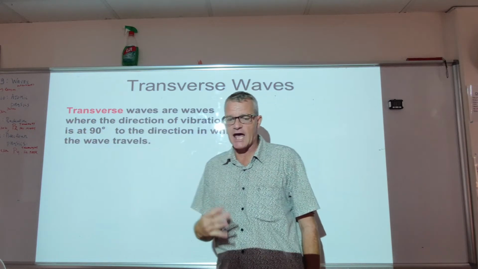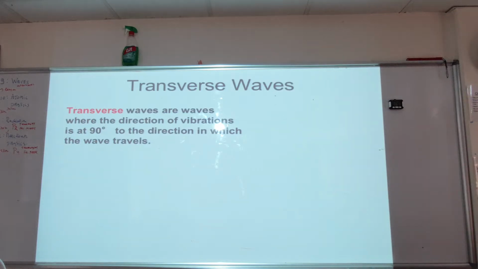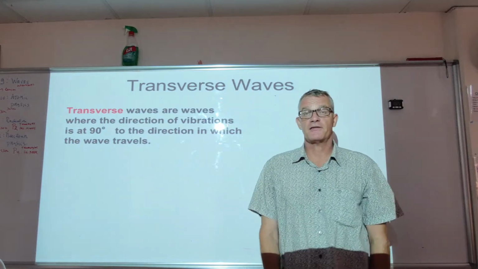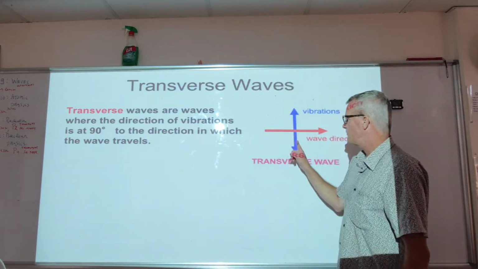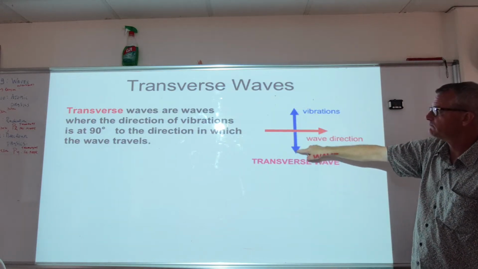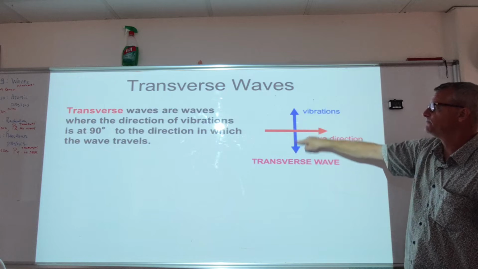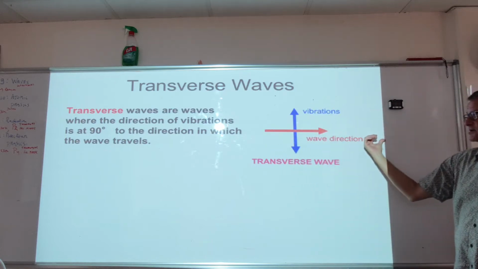In the IGCSE, you actually have to explain the movement of the particles and the progression of the waves. So, what does it mean? The vibration is up and down, and the wave direction is in this direction.